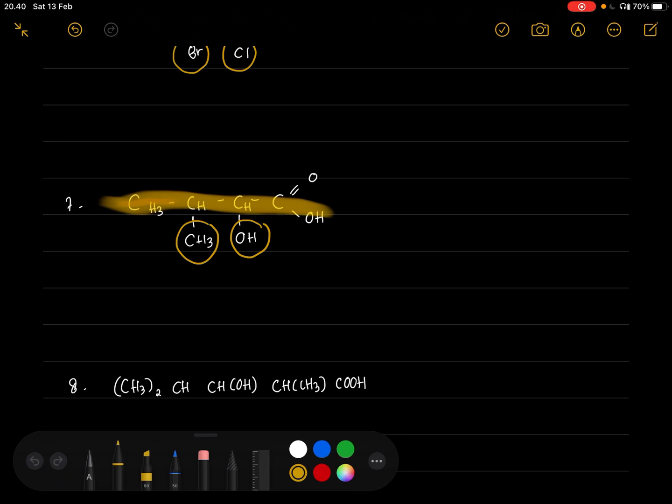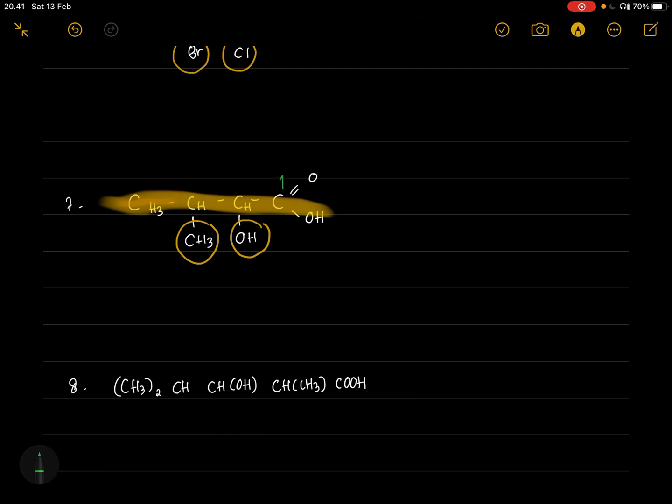And then the numbering will start from the C that is closest to the functional group, because the COOH is always on the C terminal, or on the end of the carbon chain. That's why the numbering starts from the carboxylic acid group itself. So it starts with number 1, 2, 3, and 4.